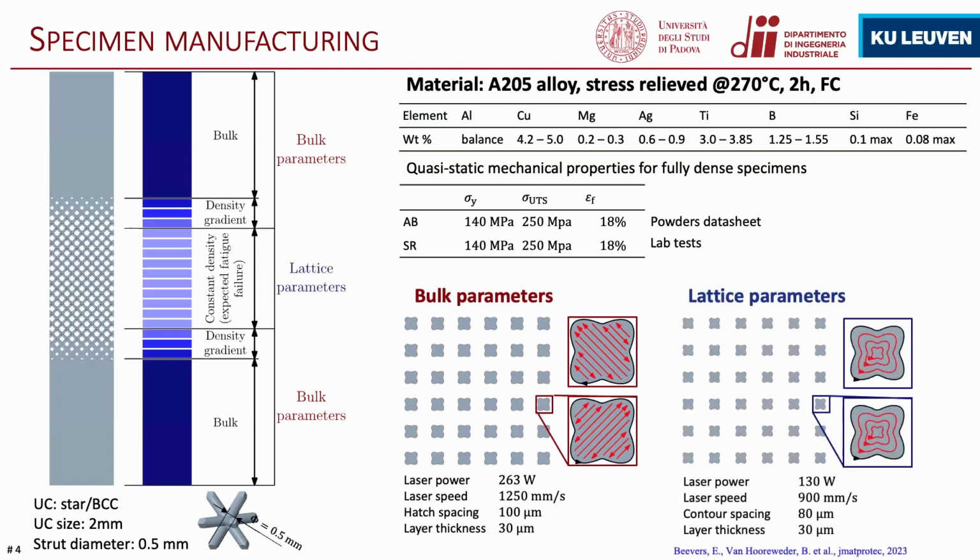And for the portion characterized by thin struts, we used a completely different scanning strategy that is characterized, as you can see here, by multiple contour scanning passes instead of the zigzag you can see on the left. And also the laser powers are much lower when compared to the bulk part.